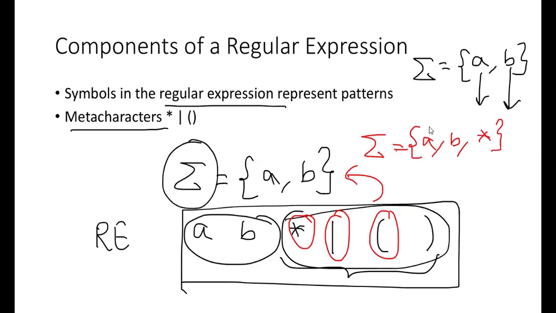In that case, what will star represent? Will it represent a symbol of the alphabet, or a meta character? In situations like this, we use something known as an escape sequence. Let me just write it down here for you. We use something called escape sequence.